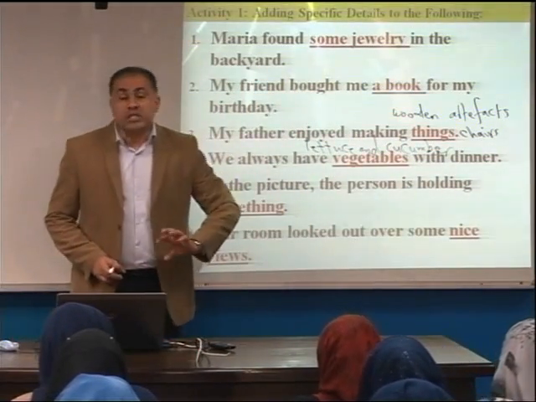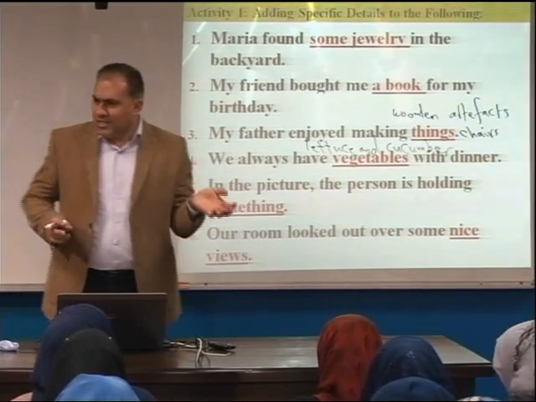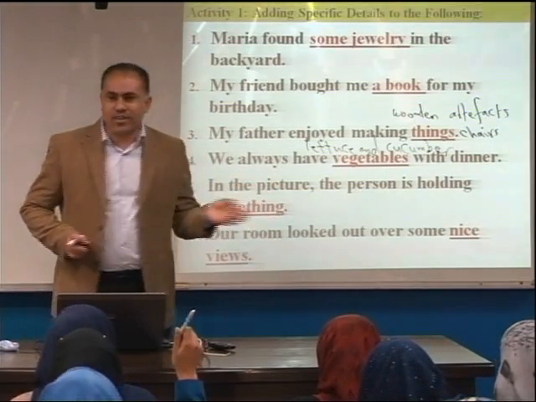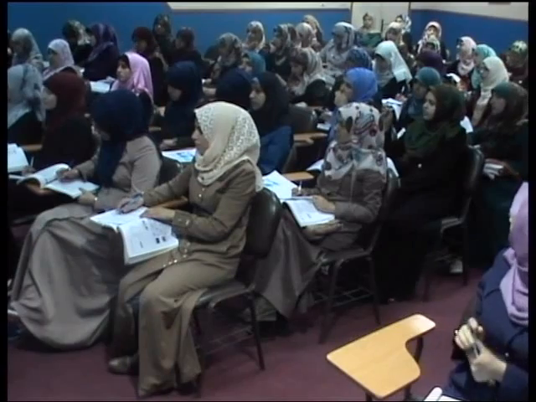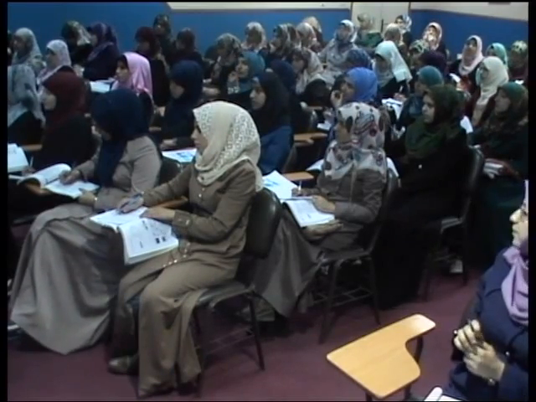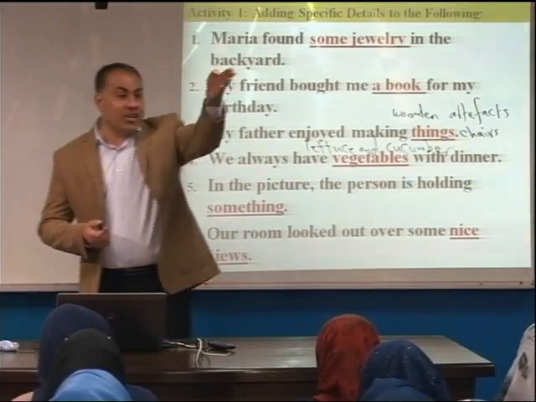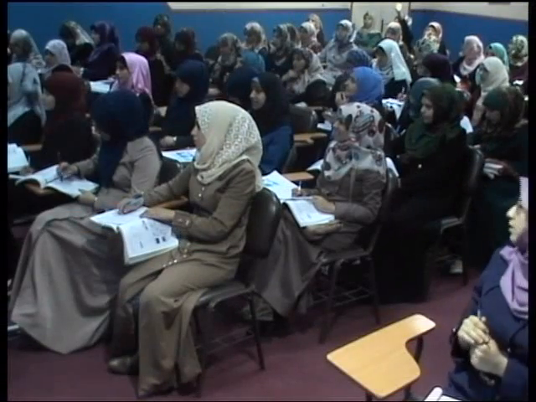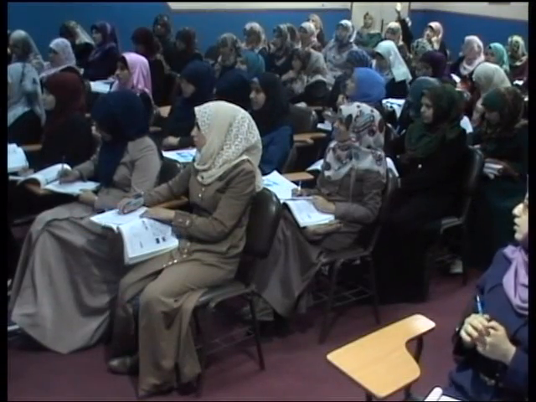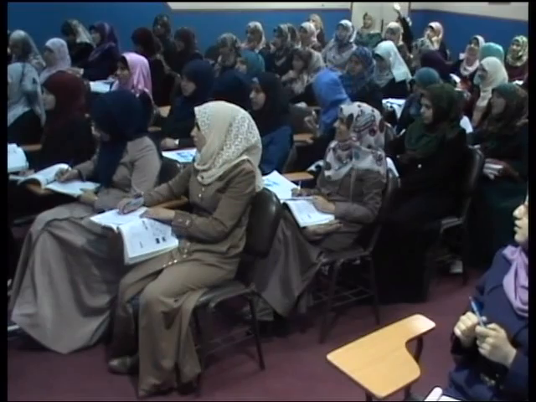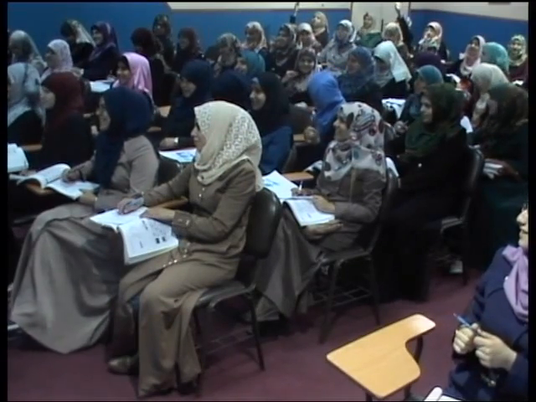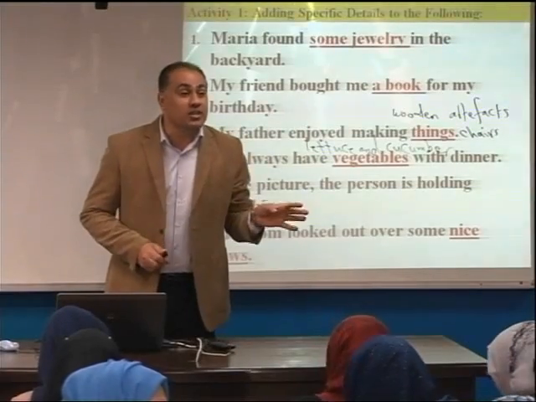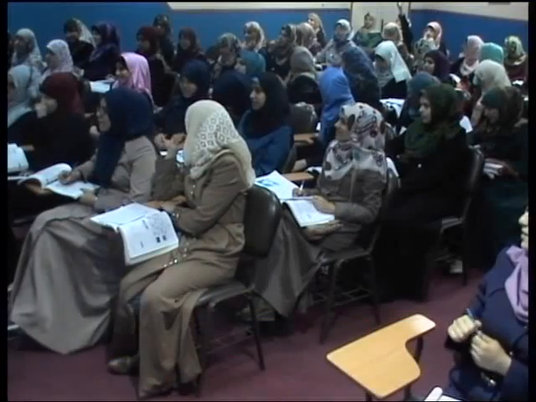In the picture, the person is holding something. What is that thing? Yes, please. In the picture, the person is holding his mobile. Very nice. Yes, please. He is holding roses.